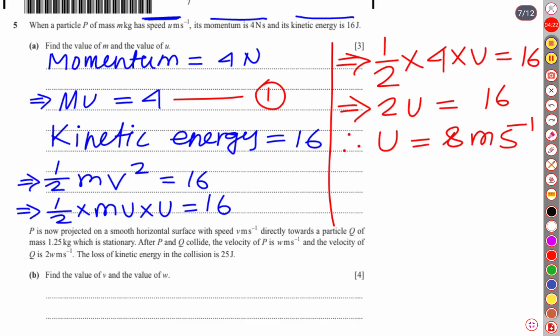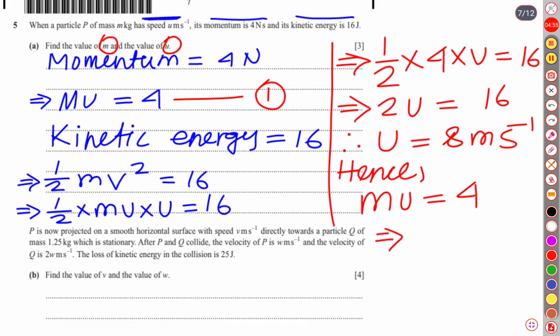They have told us to find the value of u as well as m. Now, substituting this value of u in equation 1, we get that mu is equal to 4. Since u has already been obtained, it's 8m. 8m is equal to 4.